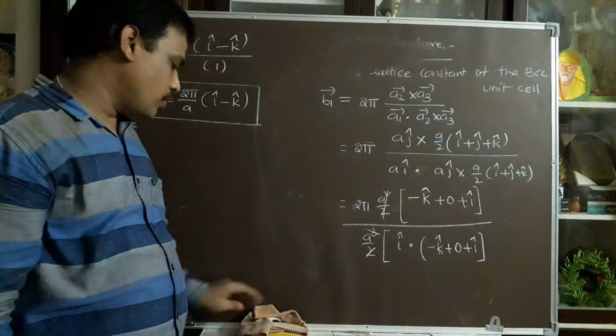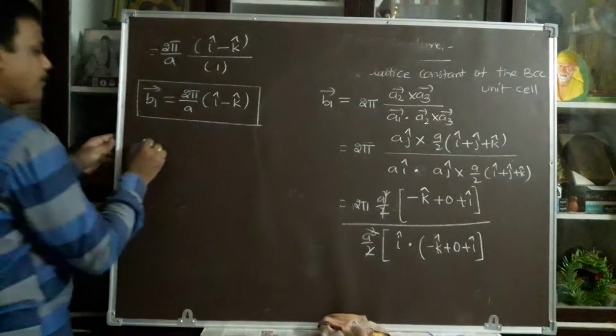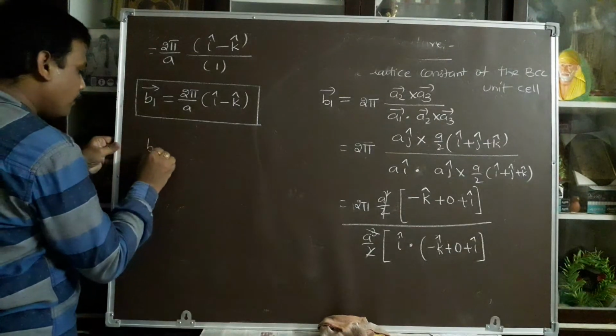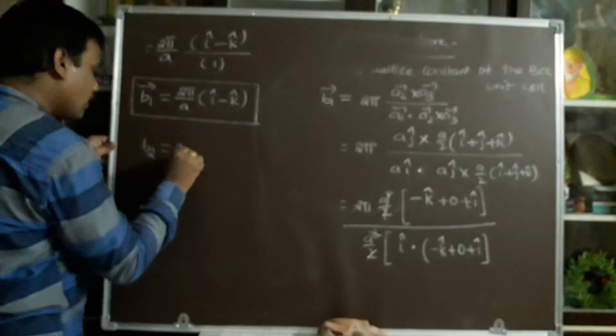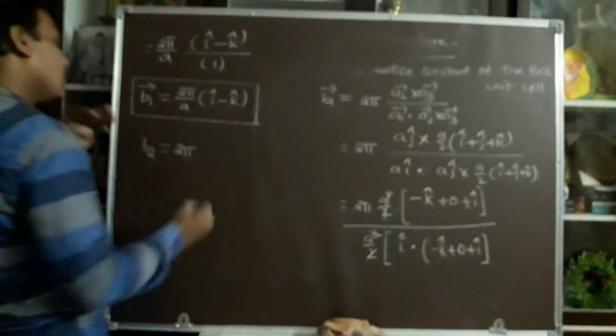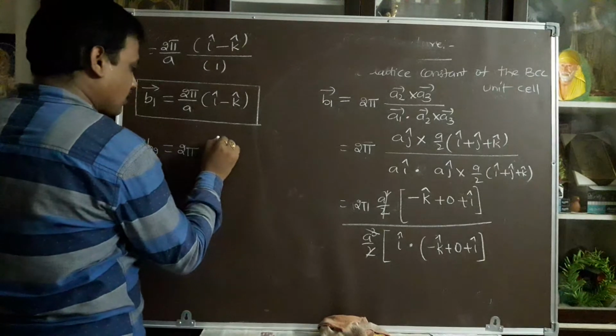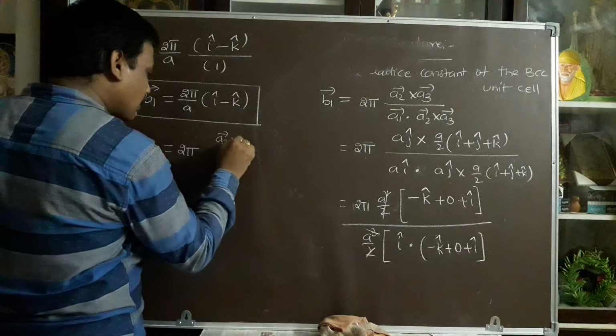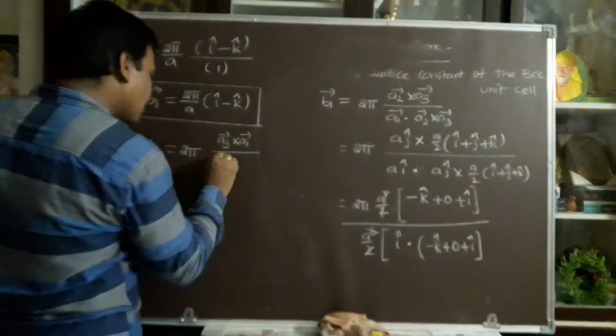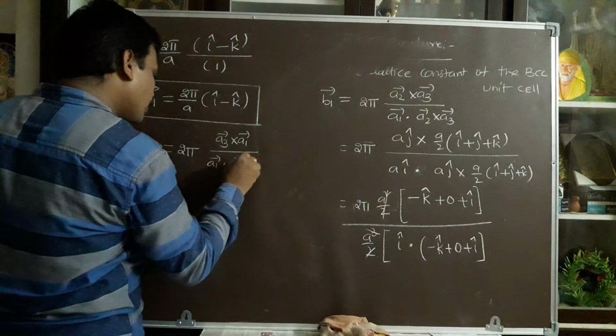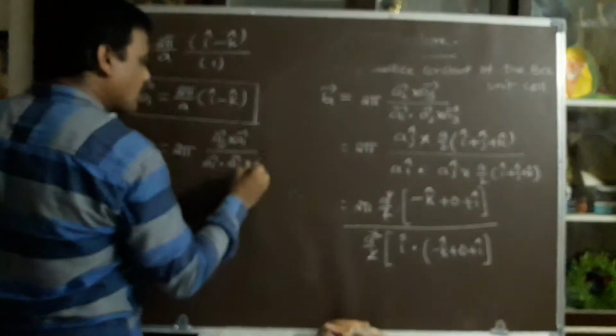In a similar way, you can calculate B2 and B3 also. What is B2? B2 is equal to 2 pi into A3 bar cross A1 bar divided by A1 bar dot A2 bar cross A3 bar.